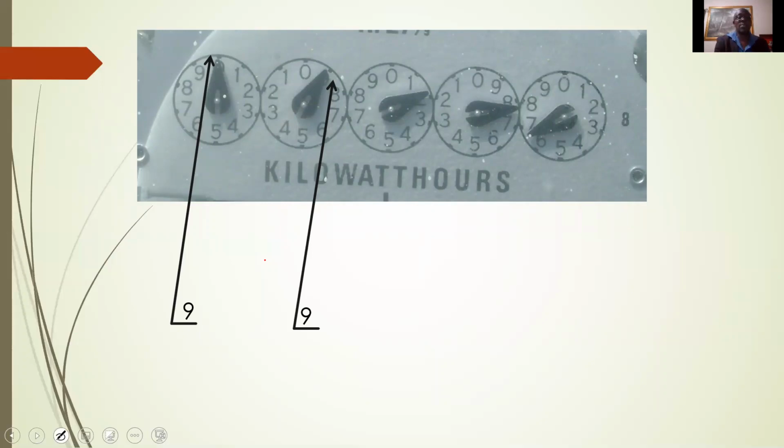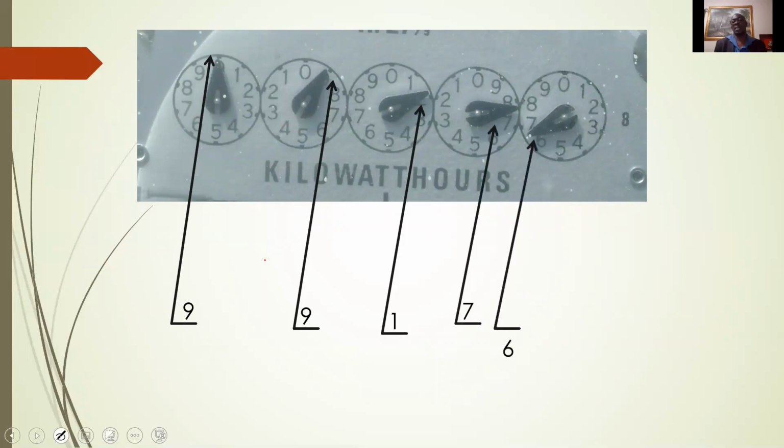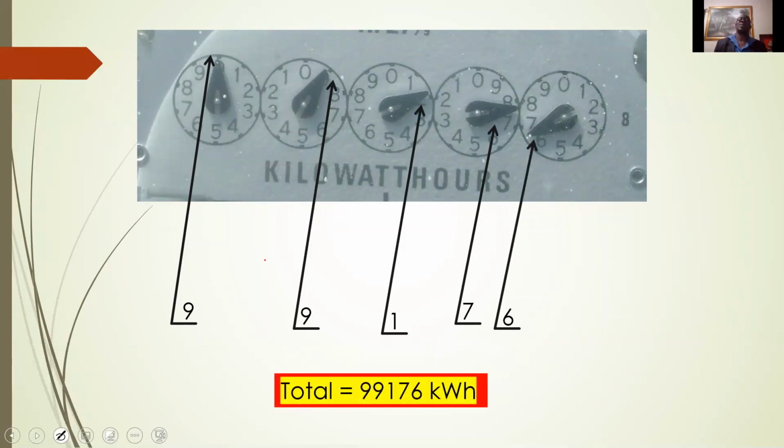And bear in mind, for this second one, just to clarify, we're going from 0 around, so it has passed 8, and it is just above the 9, so it would be on 9. The 0, in this instance, would have represented 10. For the next one, it's between 1 and 2, and therefore this would be 1. Between 7 and 8, so we'll have 7, and between 6 and 7, so we'll have 6. So the reading here is 99,176 kilowatt hours.